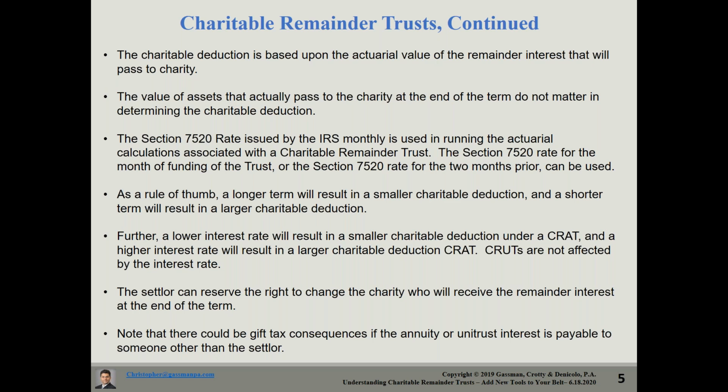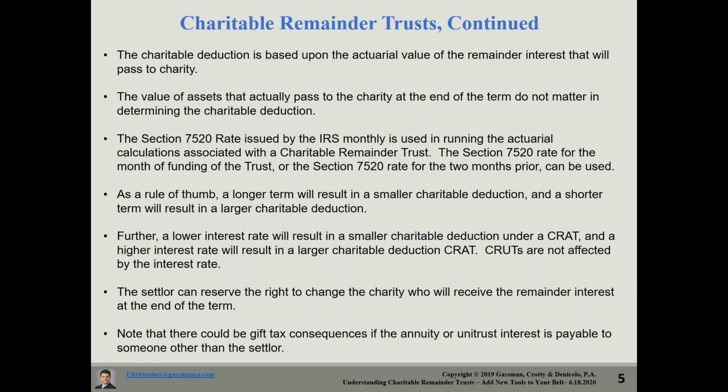Now, if the non-charitable beneficiary is not the settlor, then you can have a situation where gift tax might be owed on the non-charitable portion of the trust. Just to give you an example, if you put $1 million into a CRUT and you run the numbers and you find out the non-charitable beneficiary's expectation is 70% of the million, so $700,000. And if that goes to, let's say, children of the grantor, then there's a $700,000 gift actuarially.